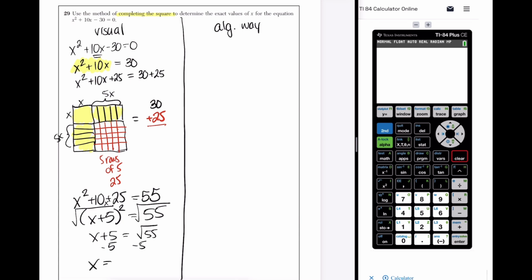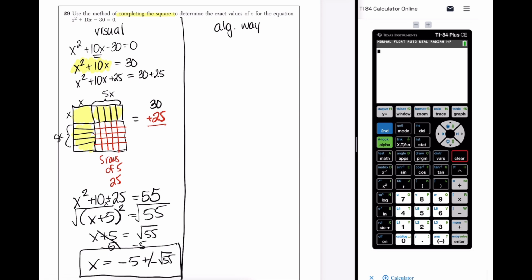So x is equal to negative 5 plus or minus the square root of 55. There we go. I've completed the square. And I found all the possible values. So it could be negative 5 plus the square root of 55. It could be negative 5 minus the square root of 55. And I can leave it like this. I don't have to go much further.